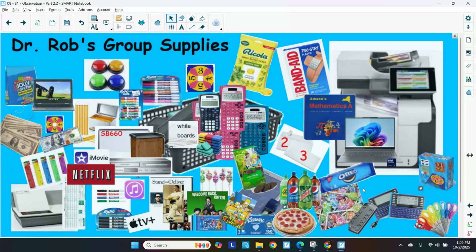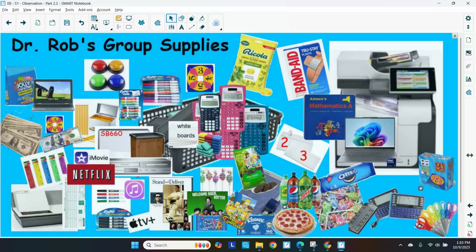That was the last thing I bought, so we could make our copies because we were having some challenges with the school's copier. I bought the smart response devices. There's the surge suppressor. I bought a bunch of those so the kids could plug in and did not have to move to the back of the room. I had tissues, movies, iTunes movies, and there's Stand and Deliver I see. And I'm trying to pattern myself after my social studies teacher who patterned himself after Mr. Cotter.